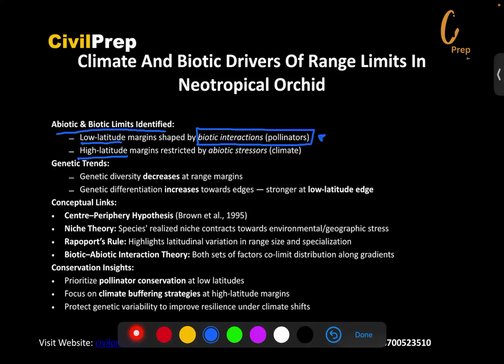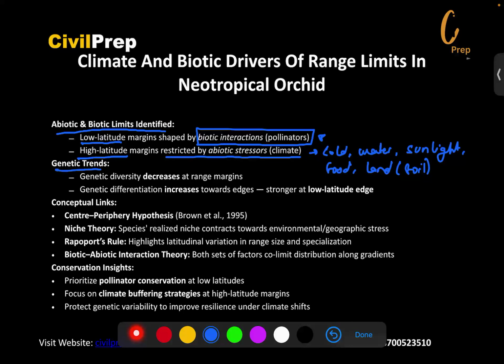While at the high latitude margins, it is restricted by abiotic stressors, for example cold climate, non-availability of water, less availability of sunlight. Then we can also see that the availability of food is quite low. Then the availability of land, that is soil for the growing season, is also quite low here.